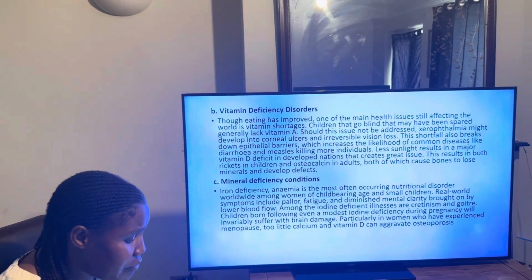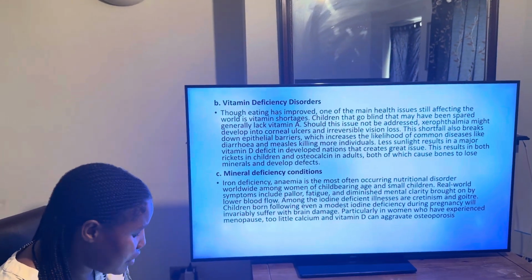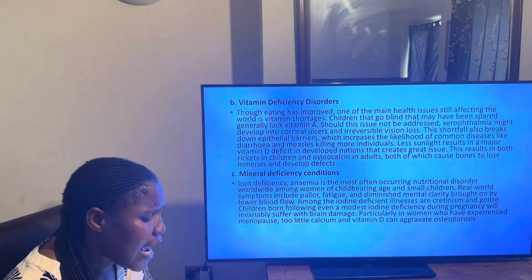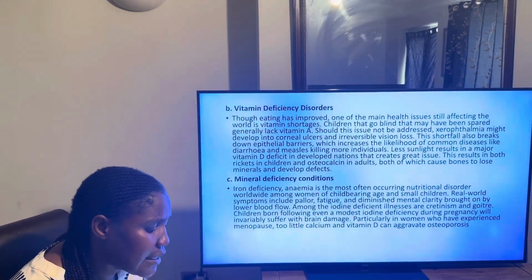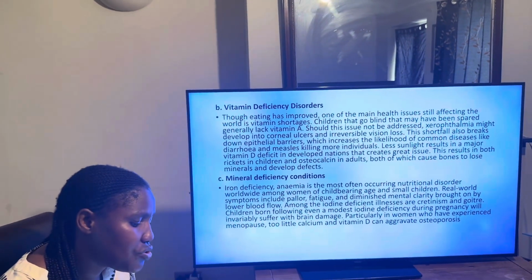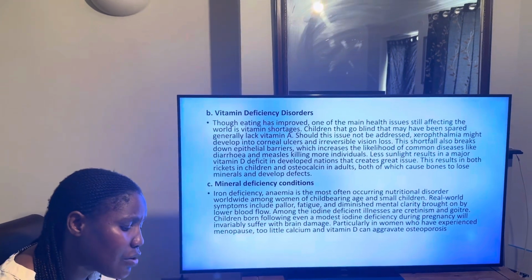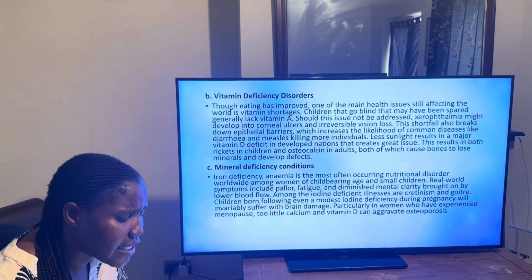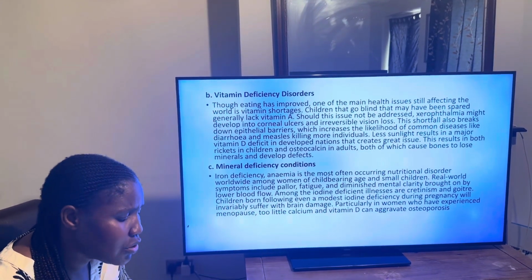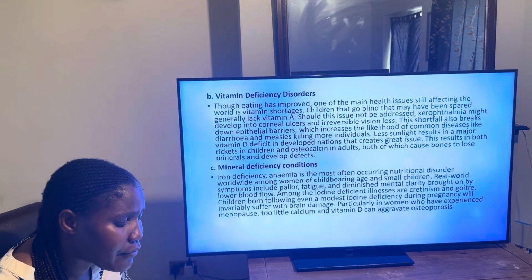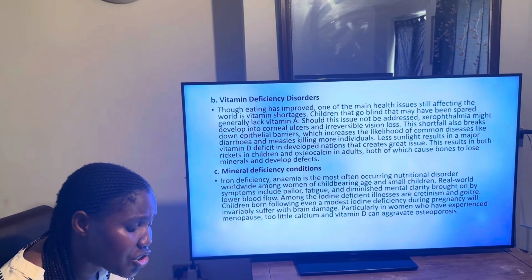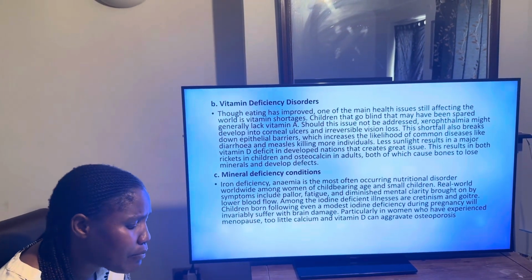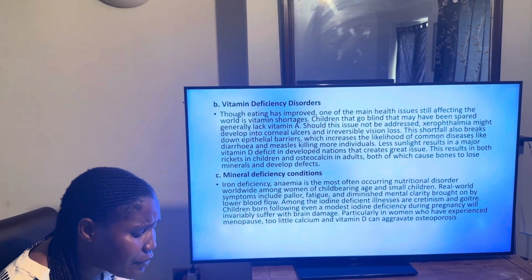We also have mineral deficiency conditions. Iron deficiency anemia is the most often occurring nutritional disorder worldwide among women of childbearing age and small children. Real-world symptoms include pallor, fatigue, and diminished mental clarity brought on by lower blood flow.